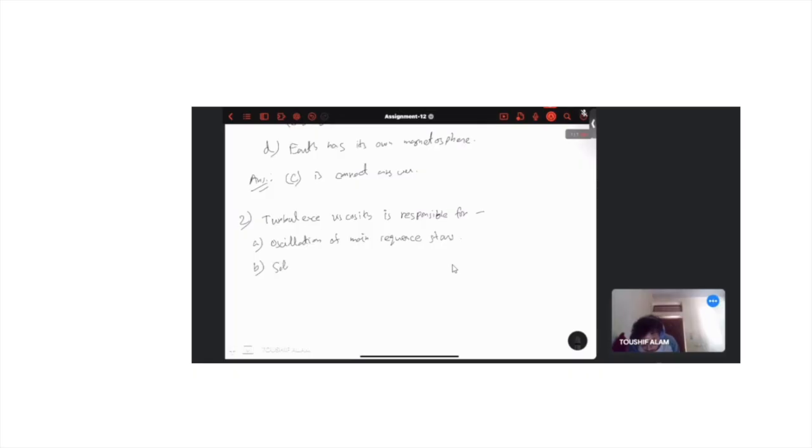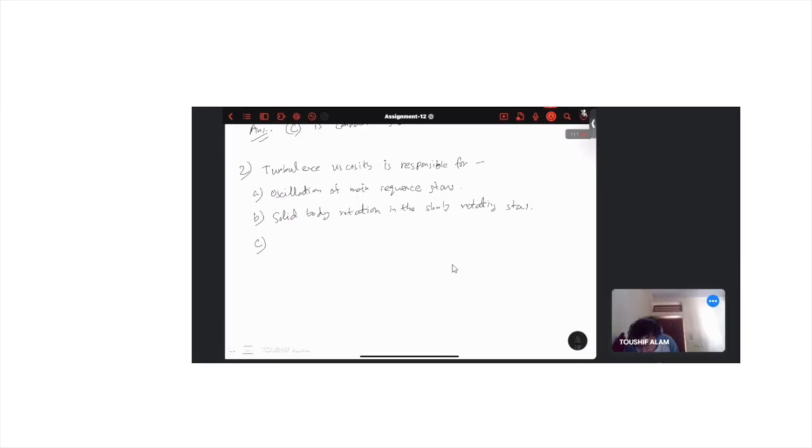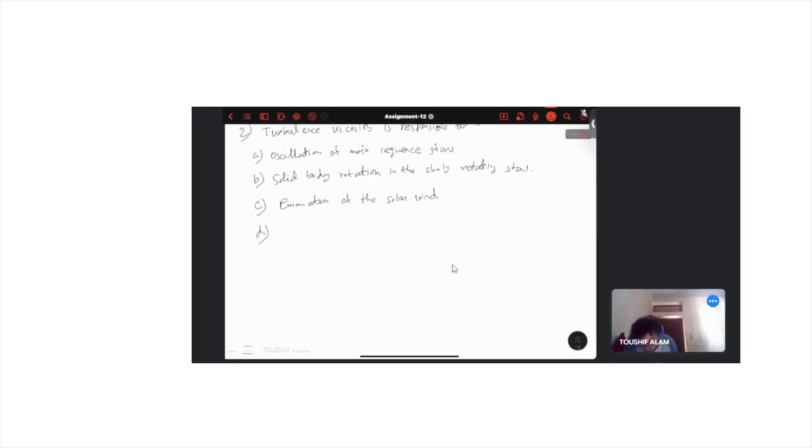The solid body rotation in the slowly rotating stars, emanation of the solar wind, option D, fragmentation of interstellar clouds. Okay.